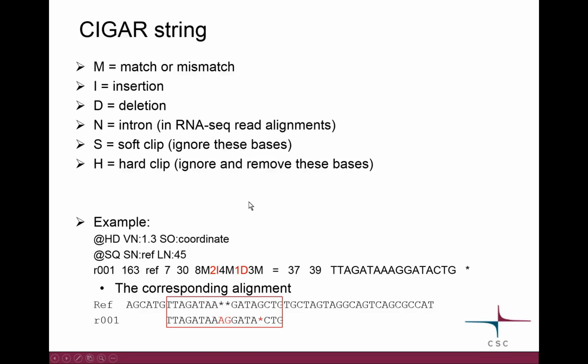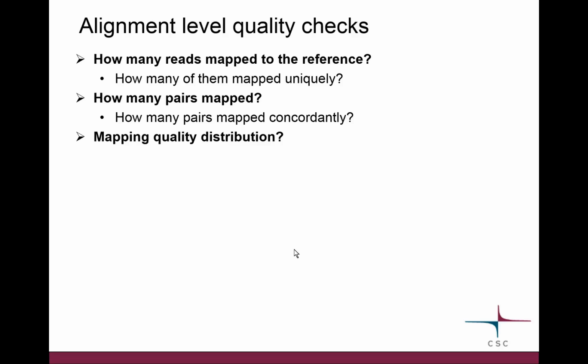It has numbers and letters. The numbers are number of bases, and letters mean things like insertion or intron and so forth. So it just tells how that read maps in that particular place. Are there actually gaps in that mapping?